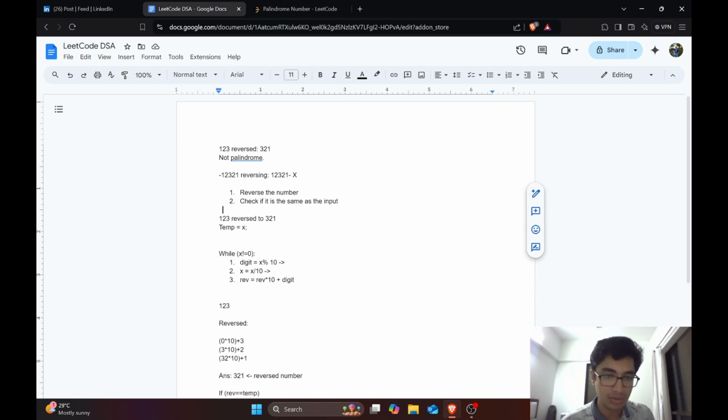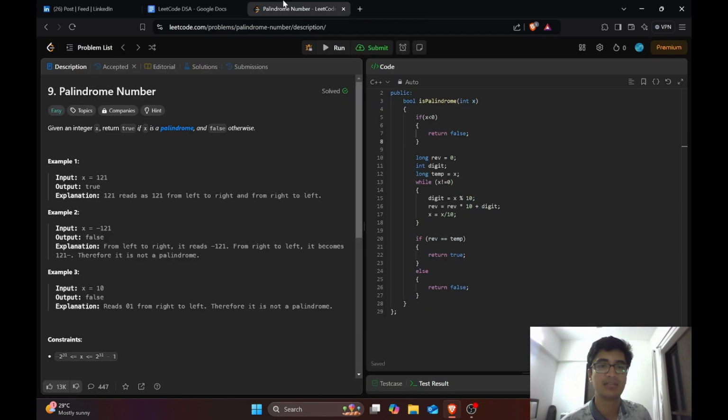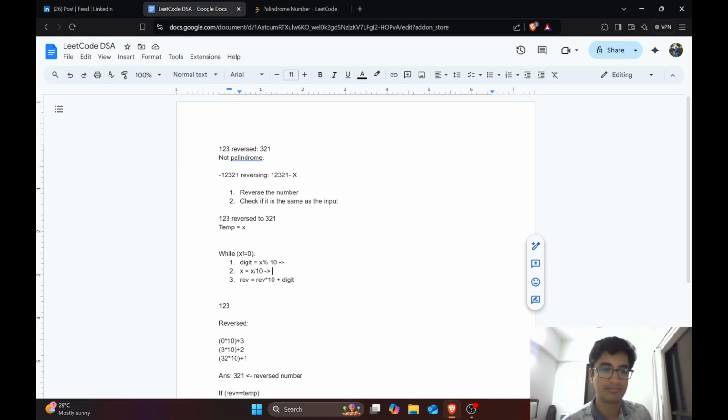Let us check 123 when it is reversed to 321. We'll have to associate a temporary variable over here because this number is going to be changed again and again, and it is going to be 0 in the end, so that we do not iterate it further.